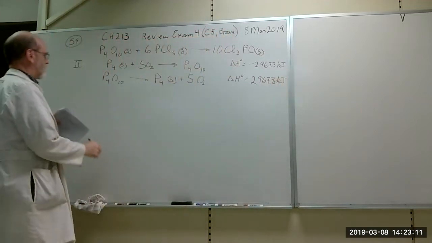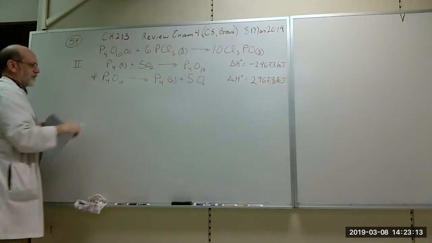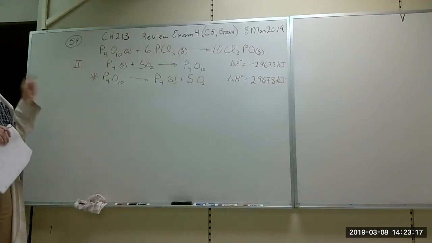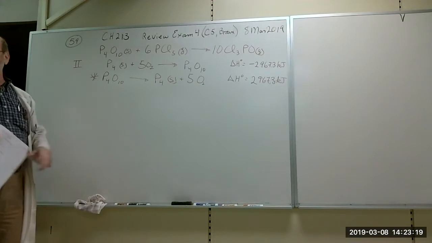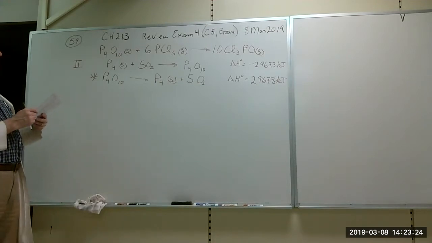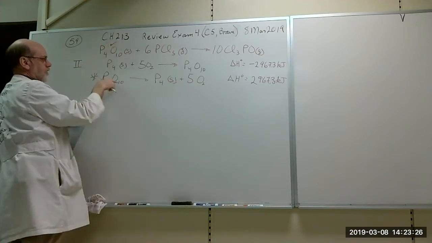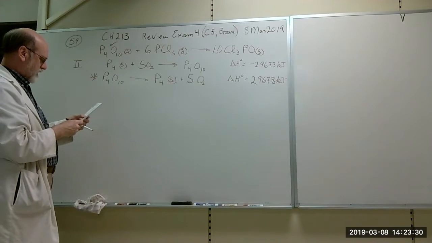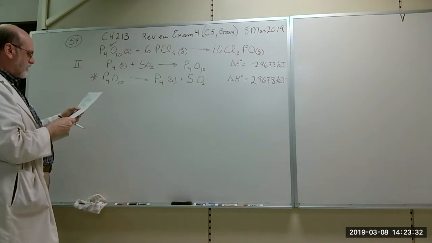Okay? So we're going to use this one. I use an asterisk because this one gets pretty messy. So the one that I'm going to use is the one I put an asterisk next to. So we got this one covered. Do we have a PCl5 in there? Let's see, number 3. Yep, there's a PCl5, number 3.